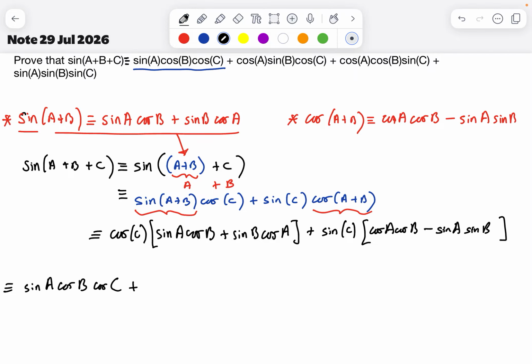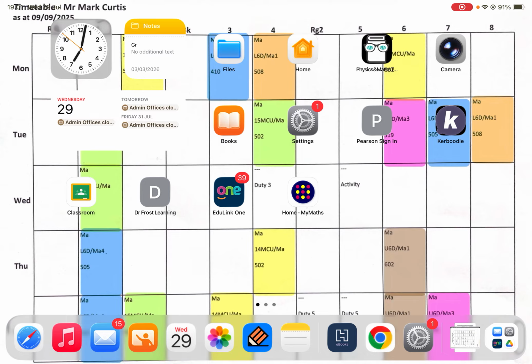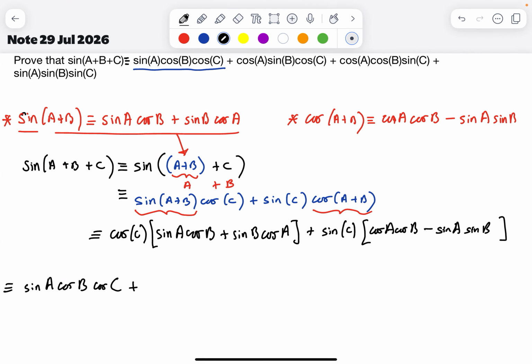Now for my second, I'm going to multiply the cosine with my second term. So now I've got cosine A sine B times cosine C. And that's my second term.